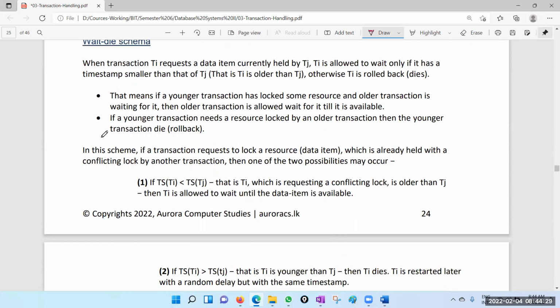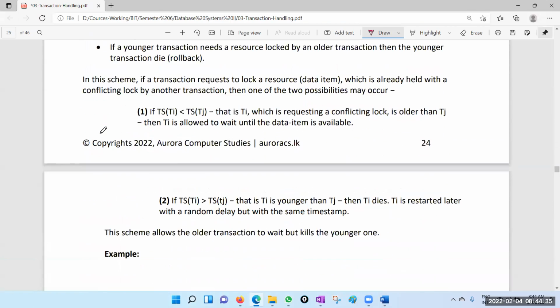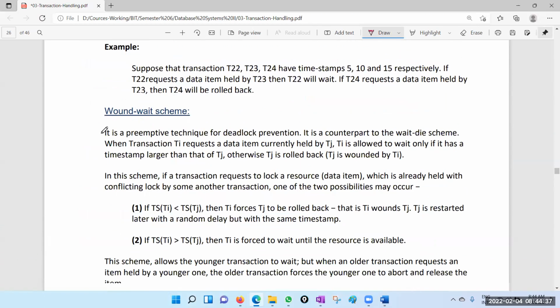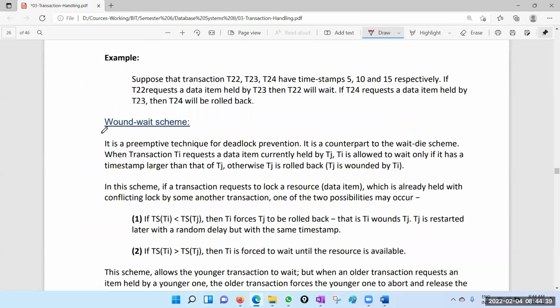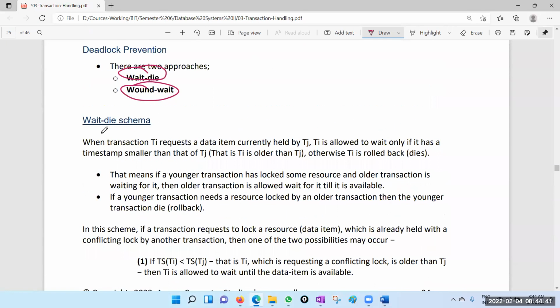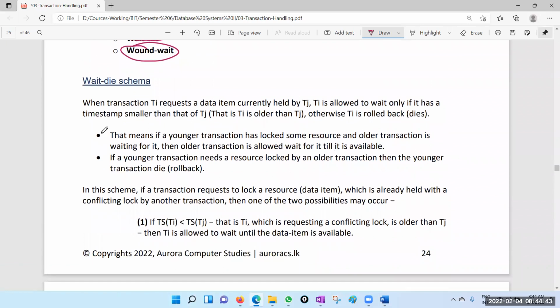This is more relevant when it comes to timestamp based transaction handling. Okay. So the wait-die and the wound-wait. What happens when it comes to wait-die? That means either you wait or you die.